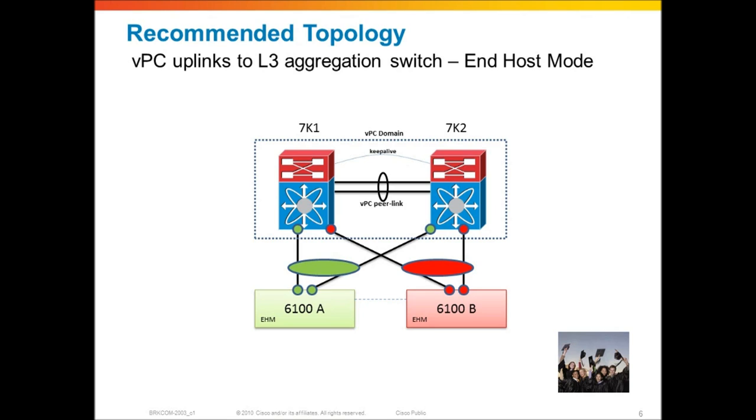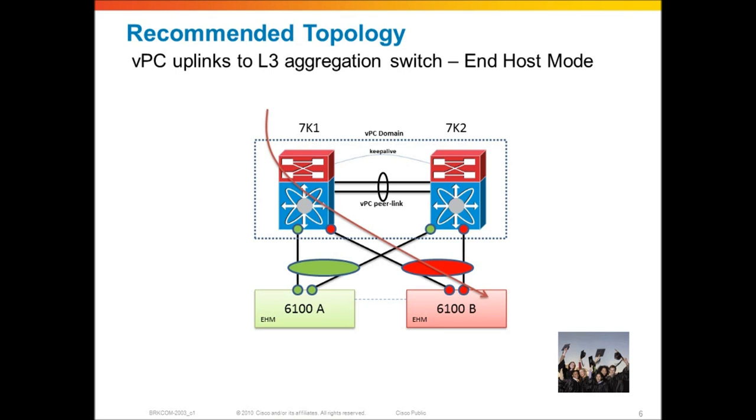So when I take the fabric interconnects in end host mode and I attach them upstream to a pair of multi-chassis EtherChannel equipped upstream LAN switches, in this case a pair of Nexus 7000s running VPC, I get a lot better handling of traffic flows between fabrics and in and out of the fabrics. So for example, let's take a look at the same flows again.